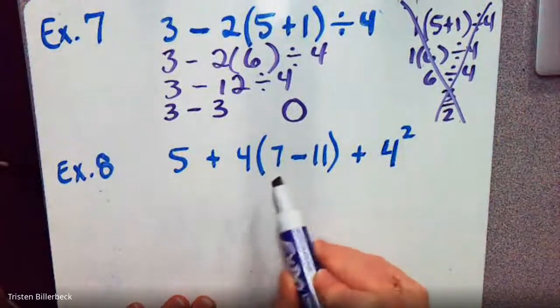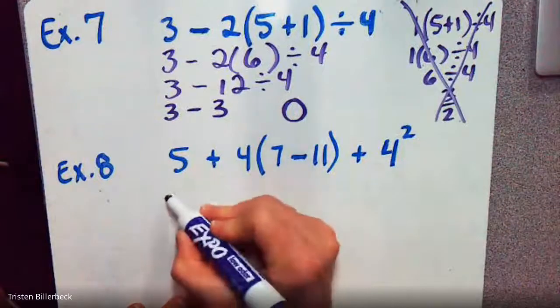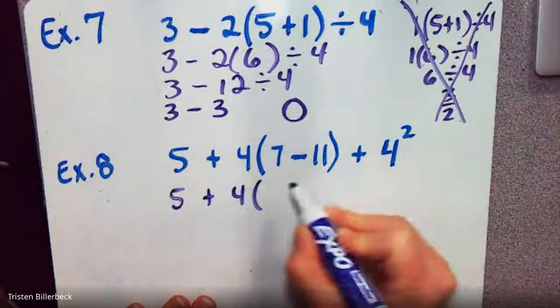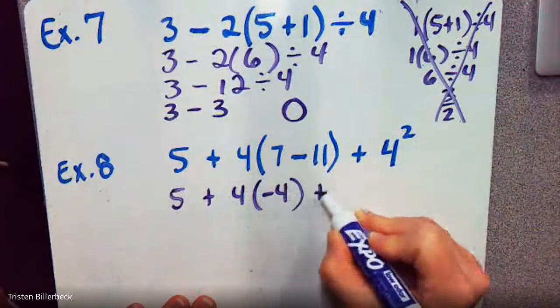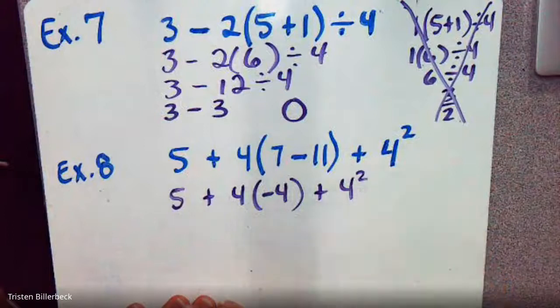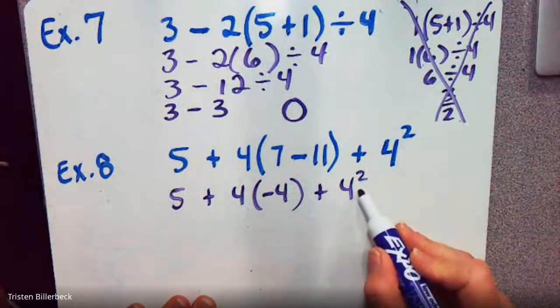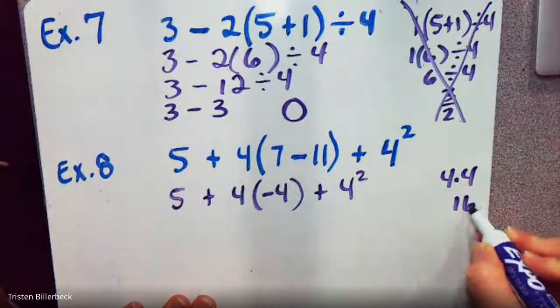So 5 plus 4 times the quantity 7 minus 11 plus 4 squared. So we have 5 plus 4, and 7 minus 11 is negative 4, plus 4 squared. Okay, so we did the parentheses. Now we have to do exponents. So we have exponents here. 4 times 4 is 16.